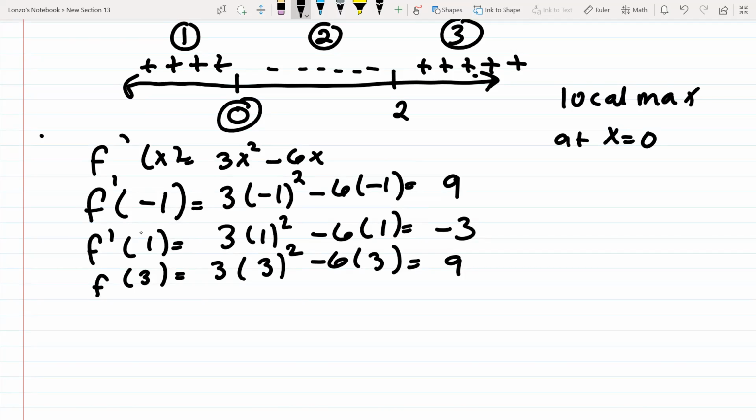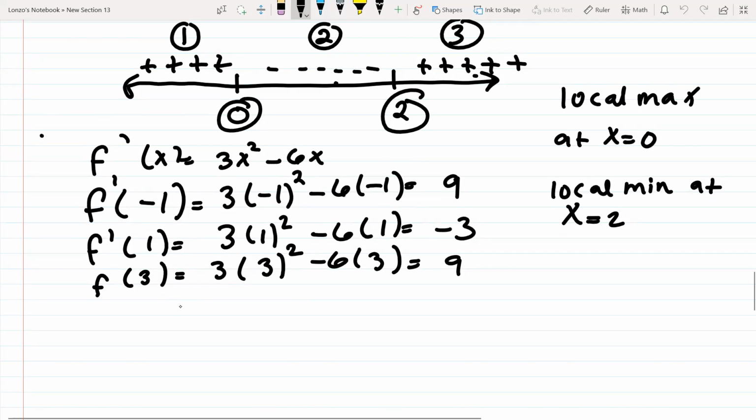And then if you look at the sign here, we have a negative to positive. That means we have a local min at the x value of 2, right? So negative to positive, you have a local min at x equals 2. Okay, so now a local max and a local min is a coordinate, so you have to find the y value.